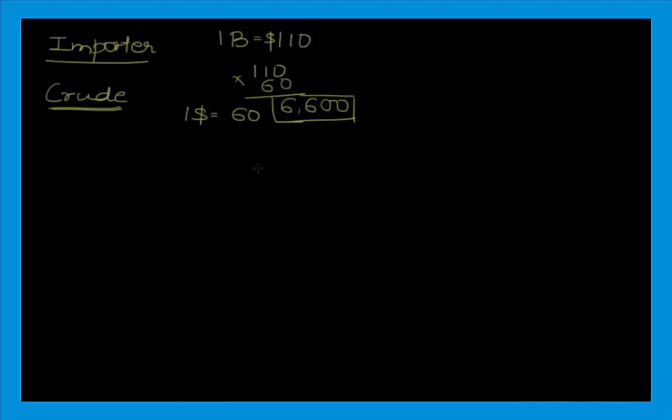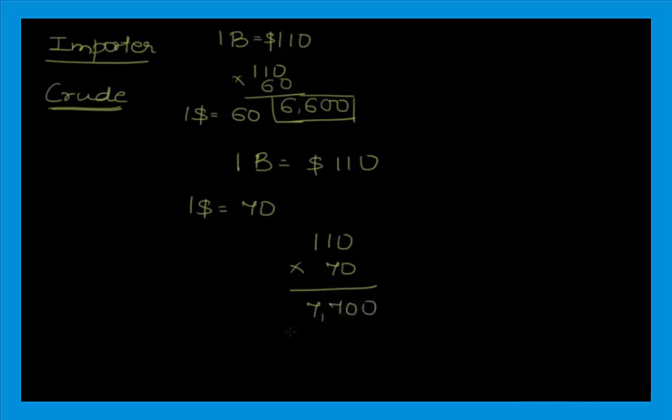But if tomorrow one barrel is still $110, which means the cost has not gone up for crude, but $1 becomes 70 rupees tomorrow, now for the same $110 barrel of crude, where the price of the crude has not gone up but our currency has depreciated, we will have to pay 7,700 rupees.